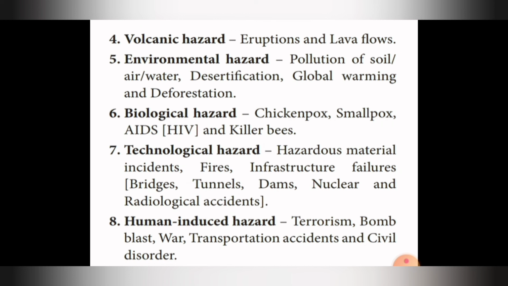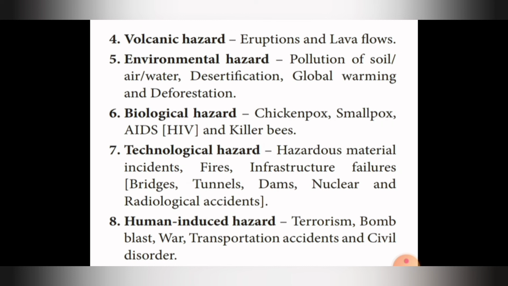Fifth one is environmental hazard. Pollution of soil, pollution of air, pollution of water, desertification, global warming, and deforestation. Okay, these are what? Environmental hazard. Sixth one is biological hazard. What is biological hazard? Yes, chicken pox, smallpox, AIDS, HIV, okay, killer bees. These are all biological hazards.